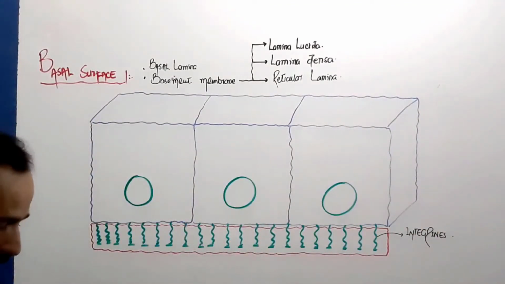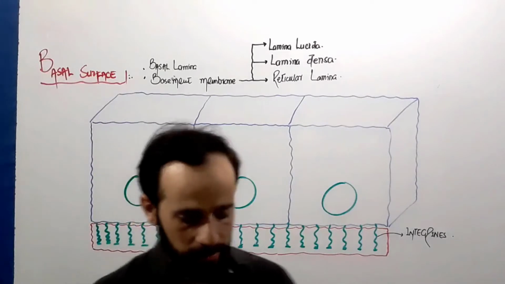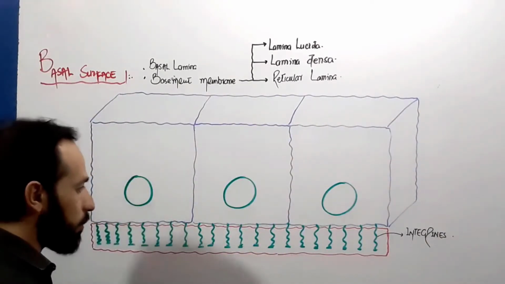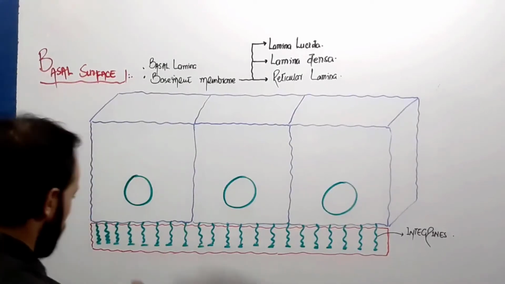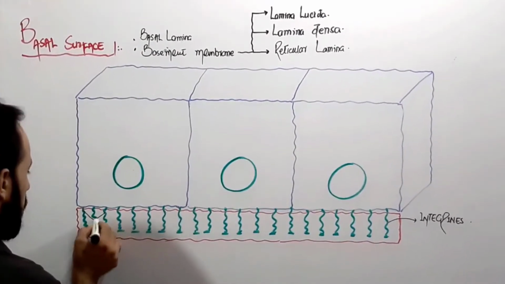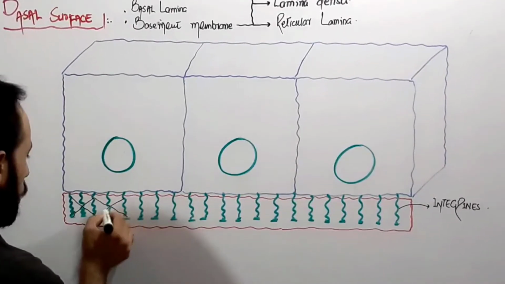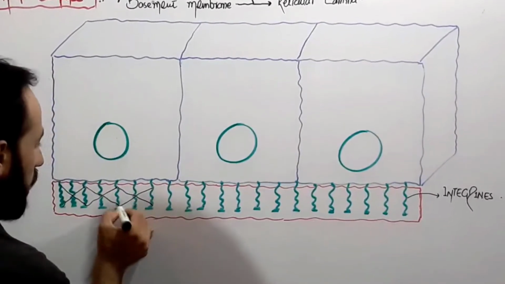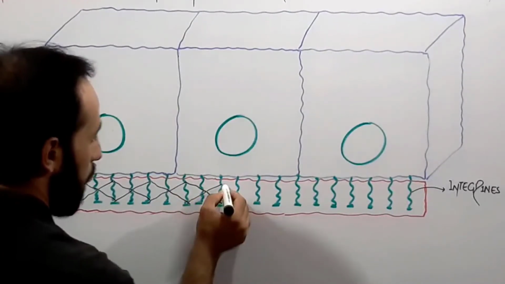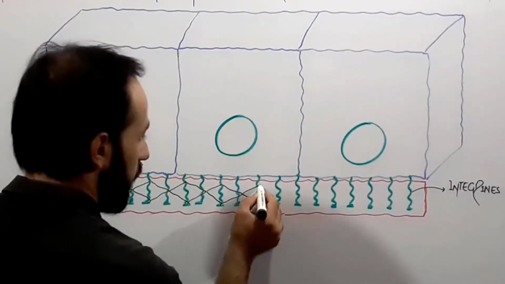Then the second substance present in this lamina lucida is called the laminin proteins. We will show them like this. These are the laminin proteins found in the lamina lucida.